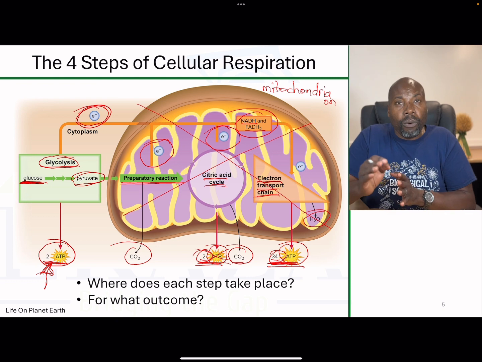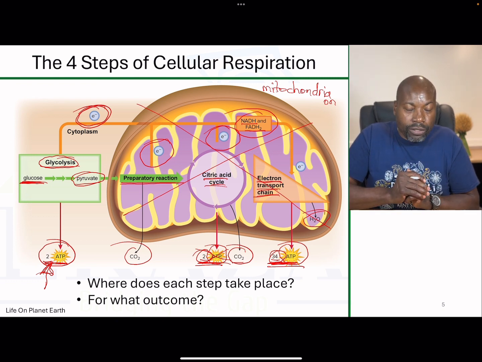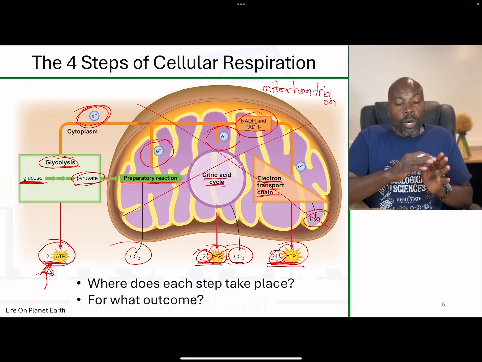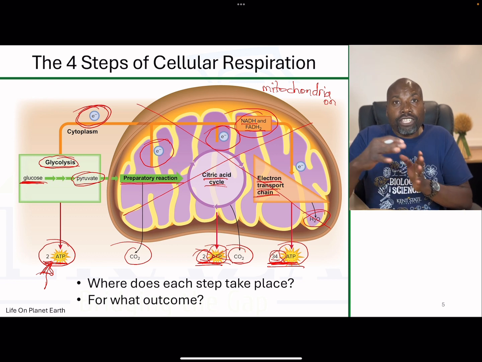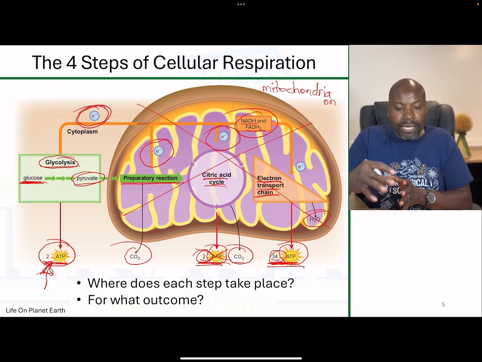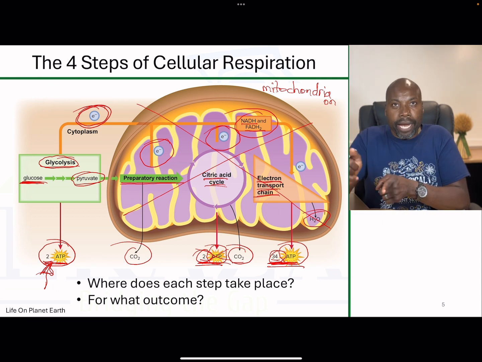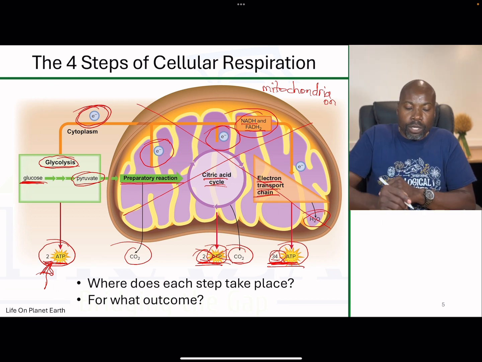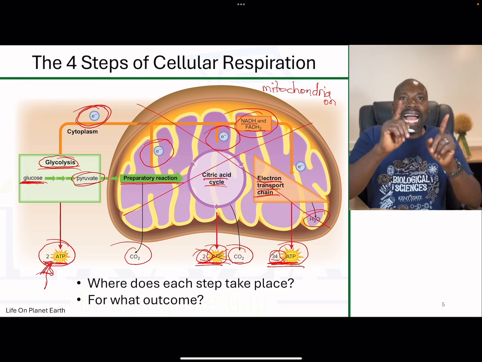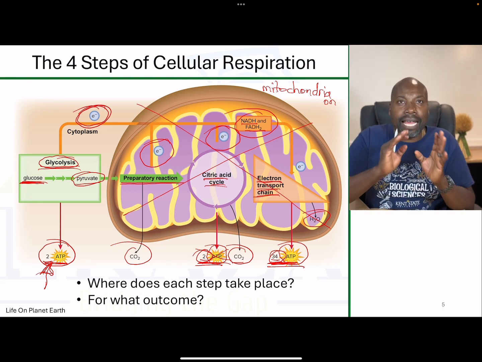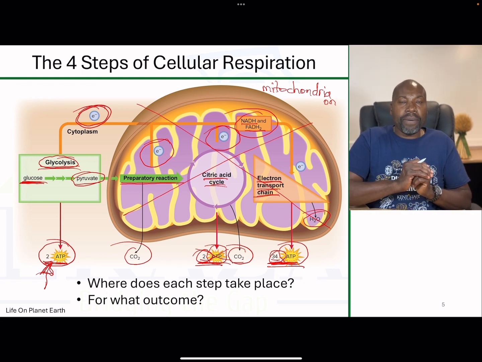But as we go forward, I want you to ask the following questions. Of all the reactions that are happening during cellular respiration, what is happening where? So where is glycolysis happening? Where in the cell is glycolysis happening?